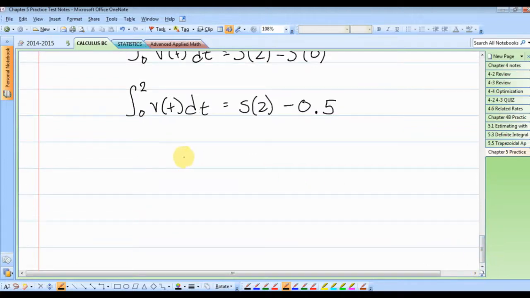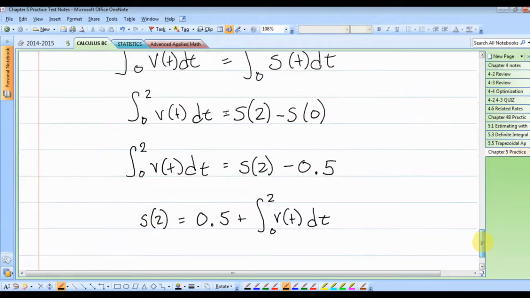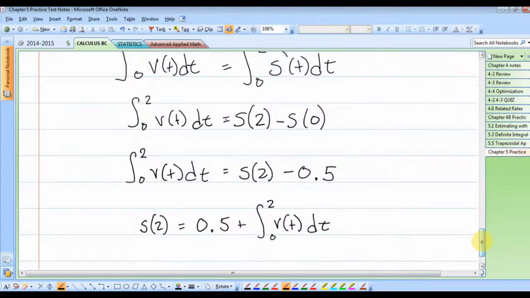Okay, lastly, you're going to solve for s2. Look at that. s2 equals 0.5 plus the integral from 0 to 2 of velocity. Just add 0.5 to both sides.